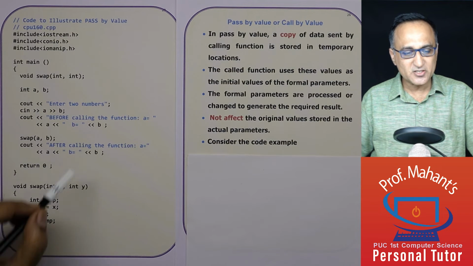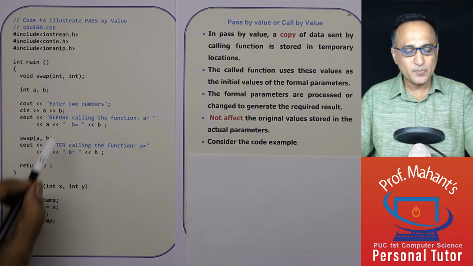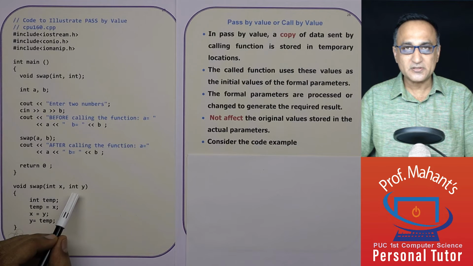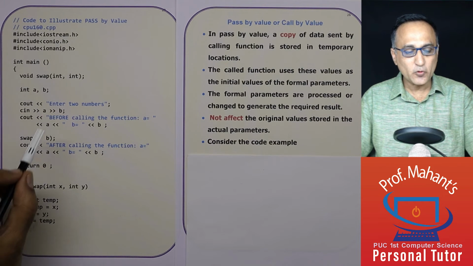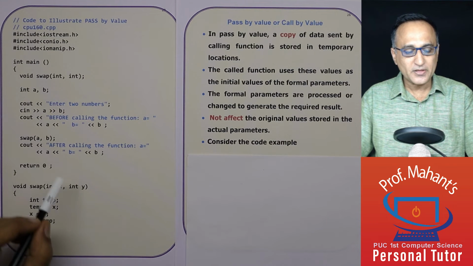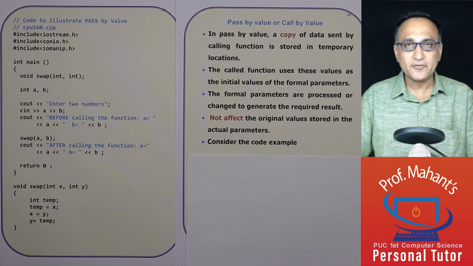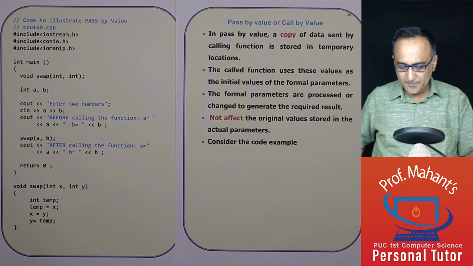If you consider this code example, you will understand that A and B are actual parameters, and these are formal parameters. So in simple words, any change to formal parameters has no effect on the actual parameters because both of them represent different memory locations. So this is a concept called pass by value.